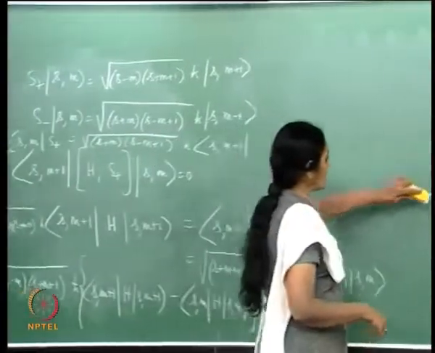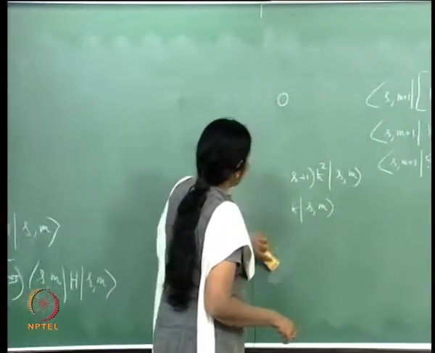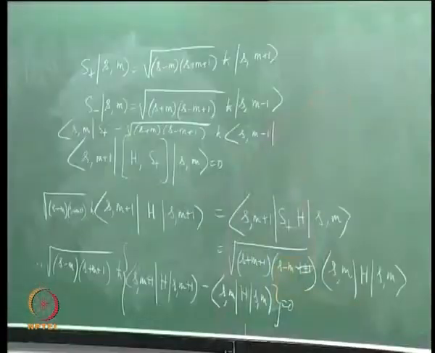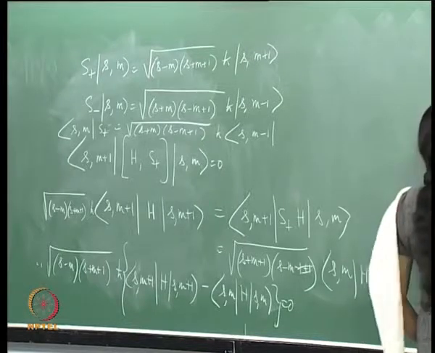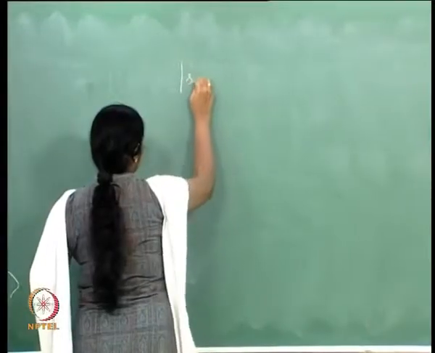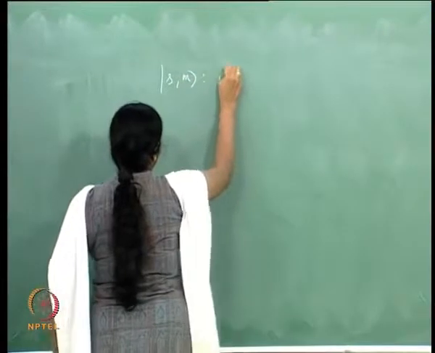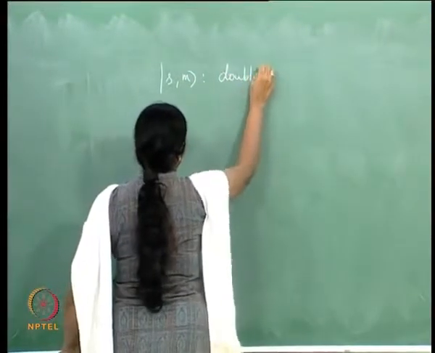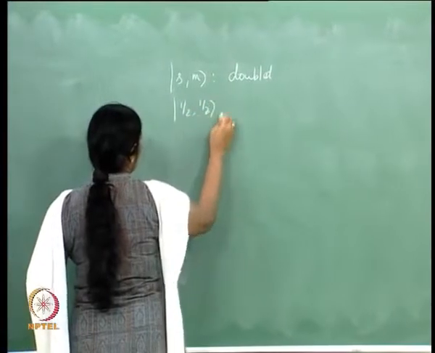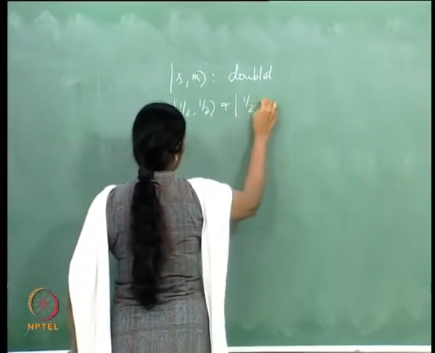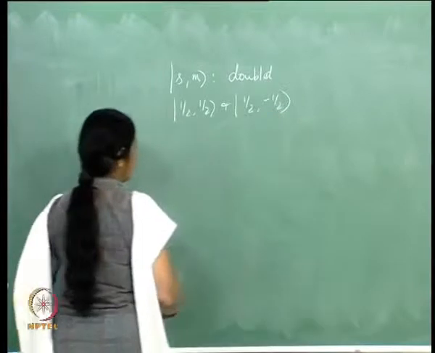So let me look at the spin doublet, for instance. What does this mean for the spin doublet? In the case of the spin doublet, I have S is half and m is half, and S is half with m minus half.